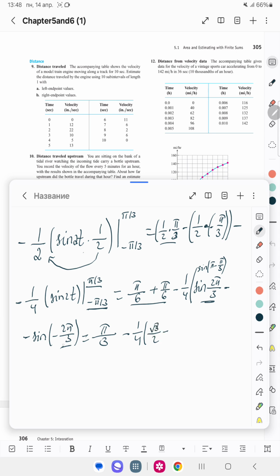Minus. This is minus, that's why I will put minus here, so minus will be plus. Sine of minus 2 pi over 3 is minus square root of 3 over 2. That's why, and we have also an additional minus here, it will be plus.